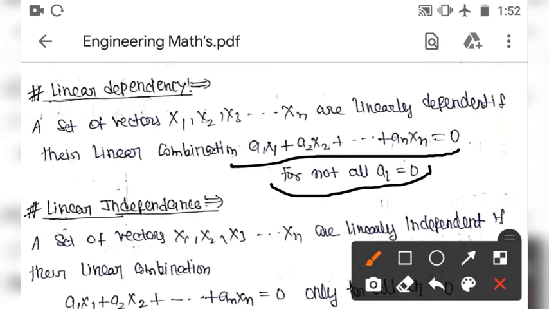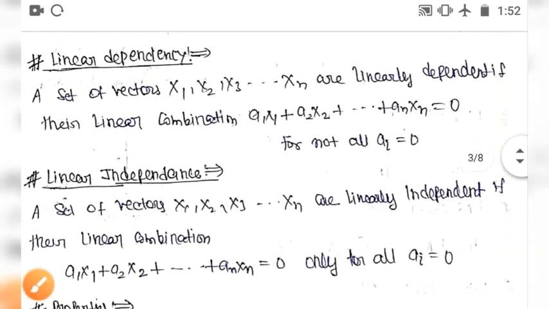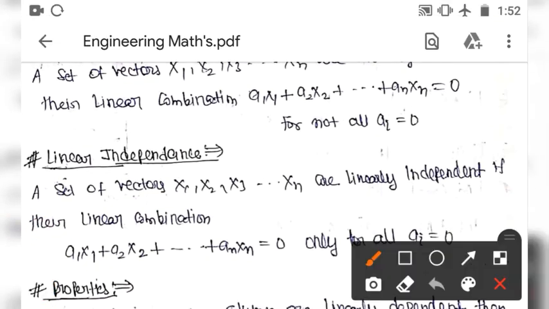Similarly, a set of vectors x1, x2, x3 and so on are linearly independent if their linear combination is equal to 0 only for all ai equal to 0.